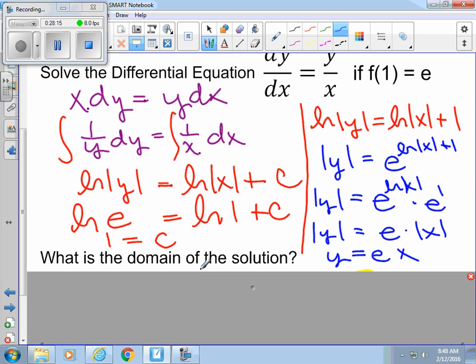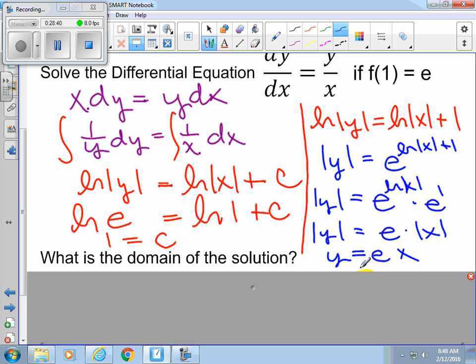So if it was negative, what would make it? If f of 1 equaled negative e, then I would want a negative in front here. Because if I plug in 1, the only way to get a negative e would be if that had a negative sign in front. The absolute value lets me know that it's either one or the other. Could be positive, could be negative.